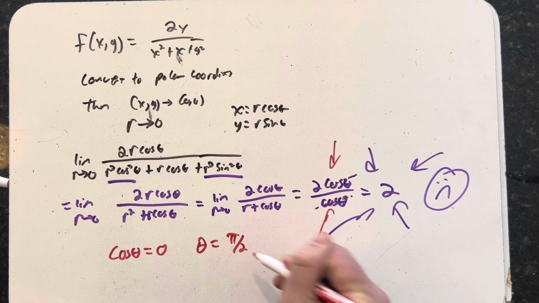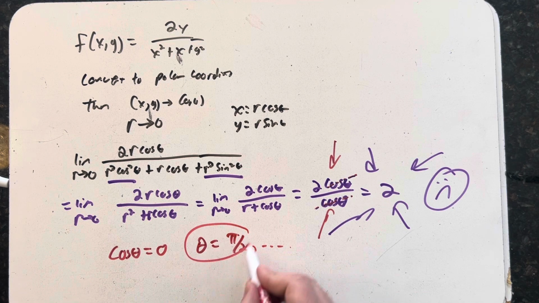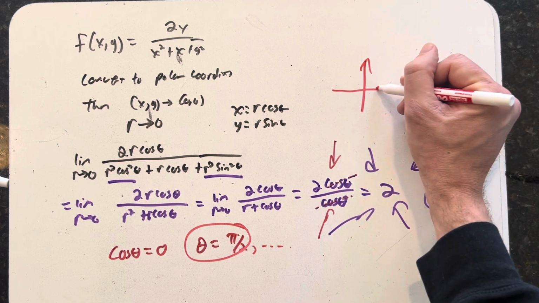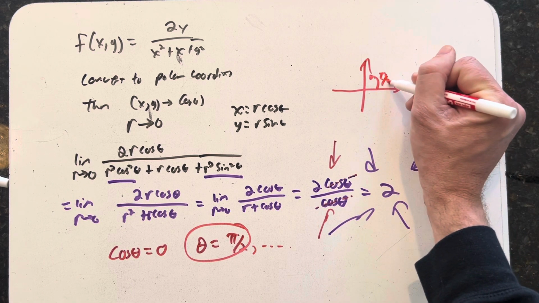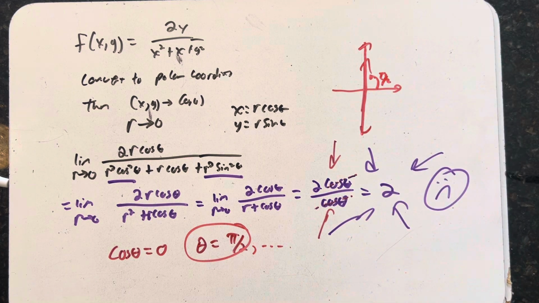I'm going to be very lazy here for just a moment and write theta equals pi halves, but we know that list continues infinitely: 3 pi halves, minus pi halves, all the odd pi halves. Well, in polar coordinates, theta equals pi halves is the equation of a line. And now it's like, okay, this limit's always 2 for every path I could conceive of, except maybe at pi halves where that expression doesn't exist, so I need to investigate what happens there.